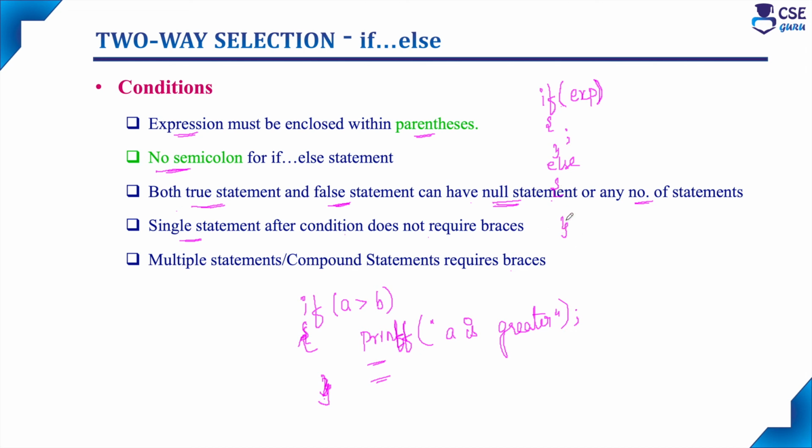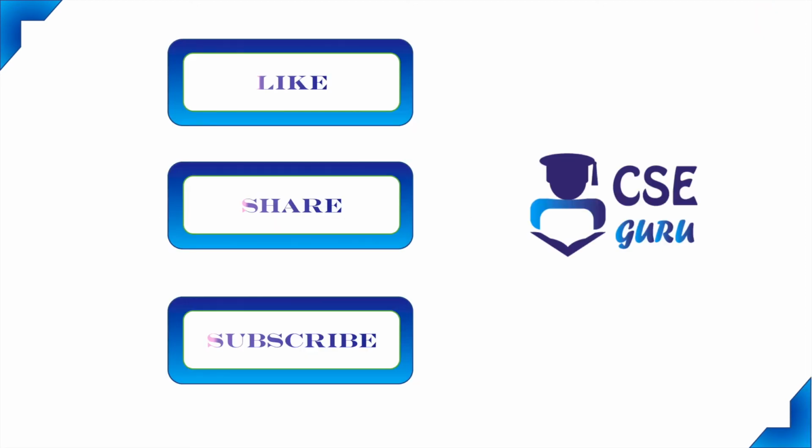These are all the specific conditions we need to follow for the if-else conditional statement. In this session, we have discussed the concept of the if-else conditional statement. In the next session, we will discuss examples to implement the if-else statement. Thank you for watching this video.